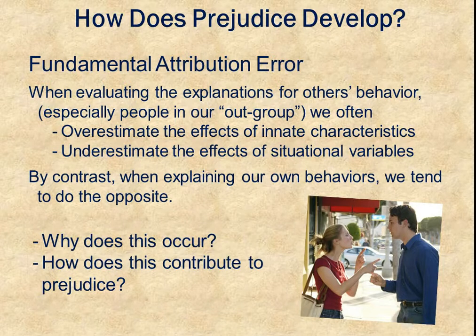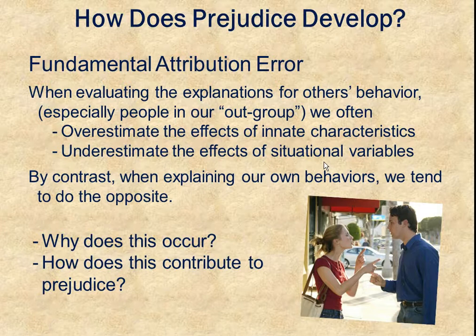And so I said last week, if somebody walks in and they're late, I'm going to tend to blame it on more innate or internal characteristics. They're lazy, they don't have good time management, they don't care about the class. But if I'm late, I'm going to tend to blame it on situational or external variables like traffic or my kid was sick or something like that.